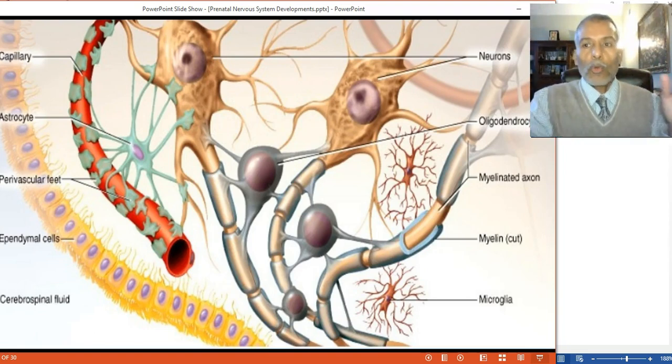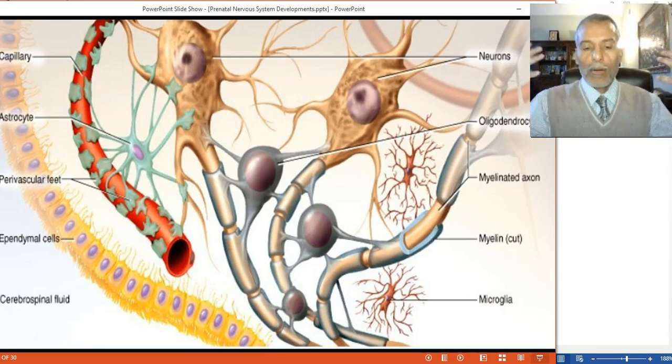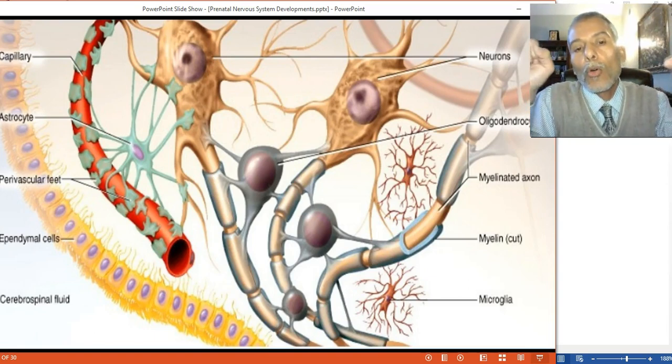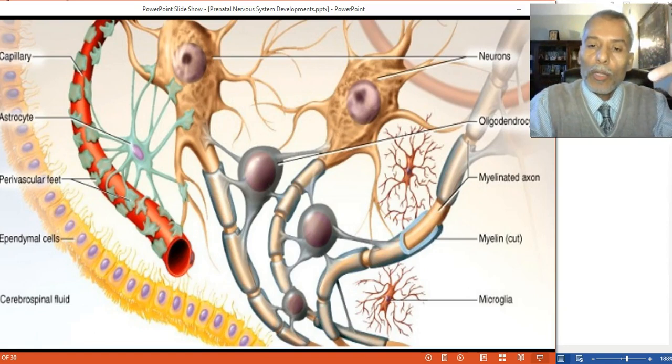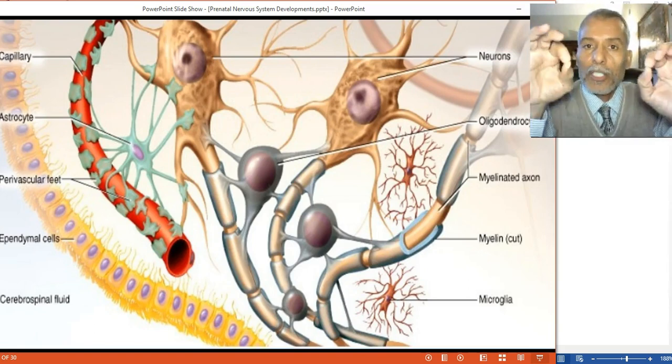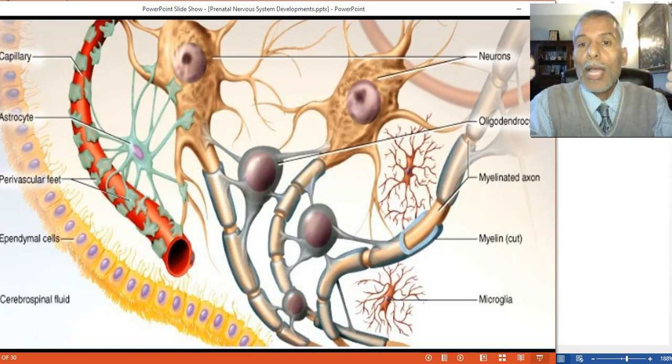I have 10 arms or more, maybe 20 or whatever, and I extend and hold all these neurons as they are around me. So in addition to forming the insulation for the axons and making the signal pass effectively and efficiently and preserve the energy, I am also anchoring these axons and holding them in place. So I am also providing structural support.